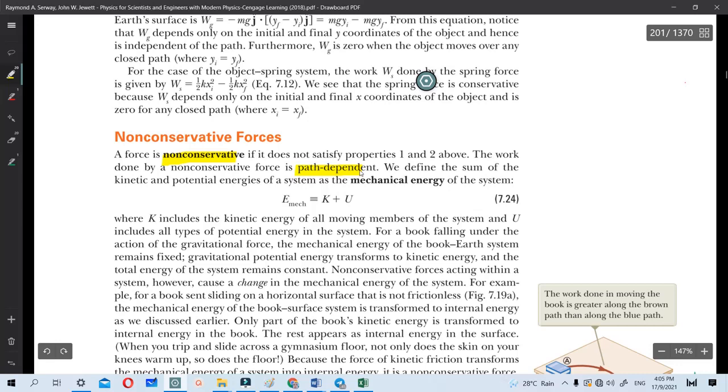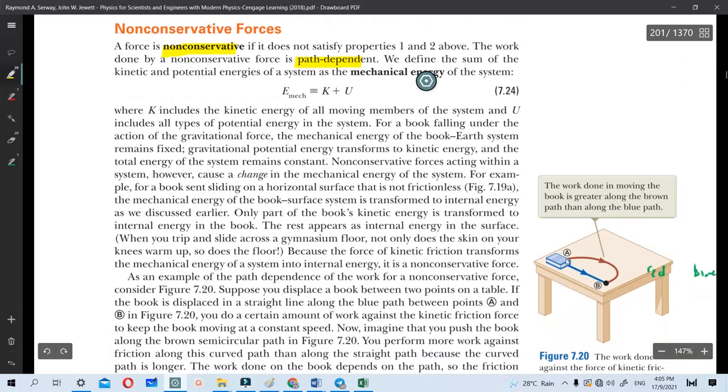So when we talk about friction, for example, friction is what? An opposing force that opposes the motion. And in the case of friction between surfaces, you find the red one is a larger distance, but you still end with the same position.